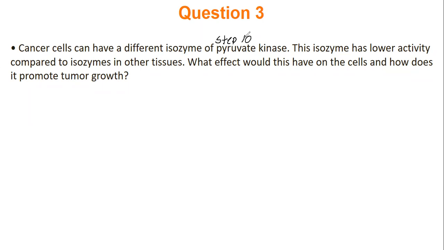I want you to take that extra step forward and explain why slowing down the last step of glycolysis would increase the rate of the pentose phosphate pathway, which we need for growth in nucleotides. So both of you so far have been correct. Marry those two pieces of information together into one big theory.